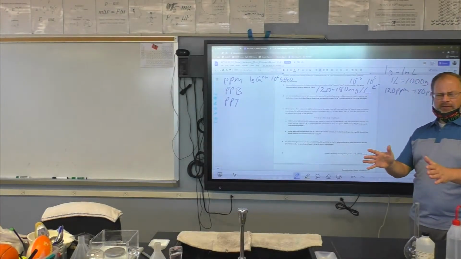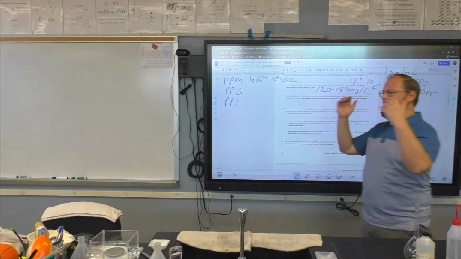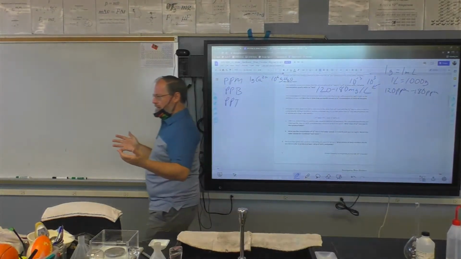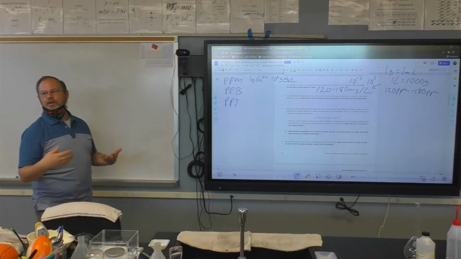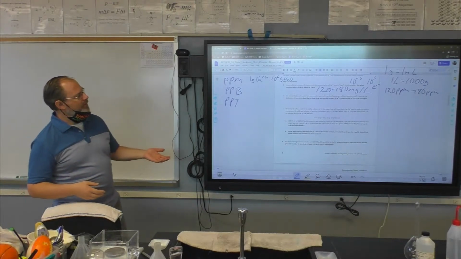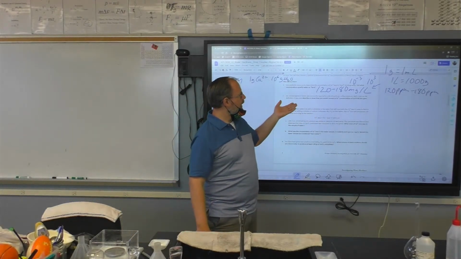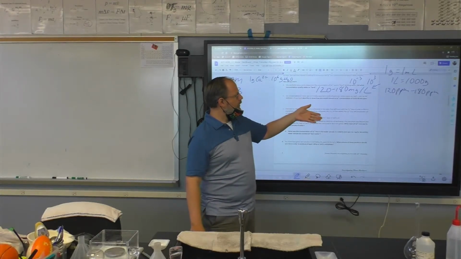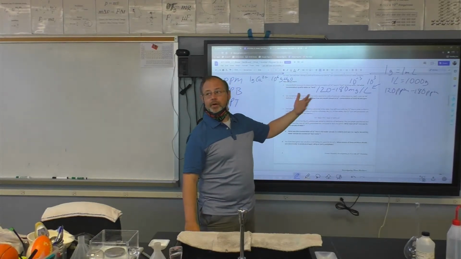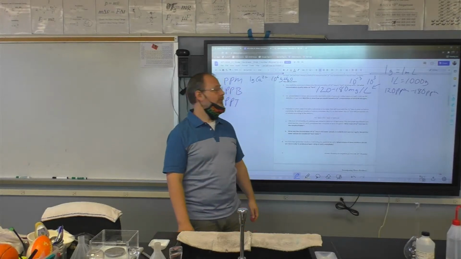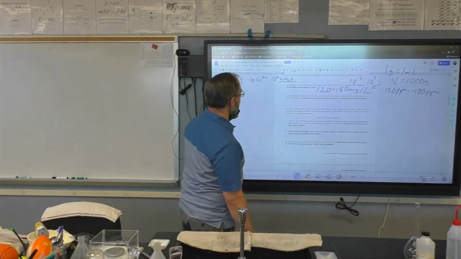Okay, does that idea make sense? Is the math appearing in your head that you're 10 to the negative 6 or 10 to the 6th away? A milligram is 10 to the negative 3. A liter is 10 to the 3rd. So you are looking at 10 to the negative 3rd over 10 to the 3rd. That's 10 to the negative 6. So you are looking at a ppm. You're looking at a part per million.